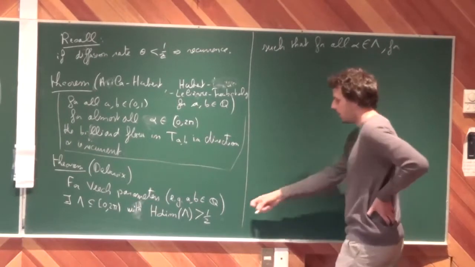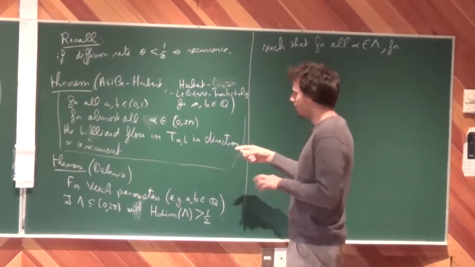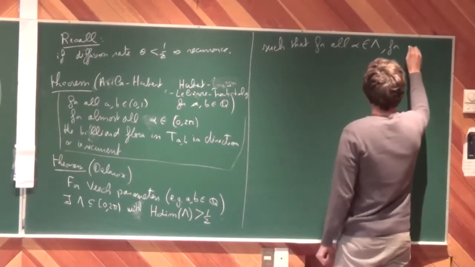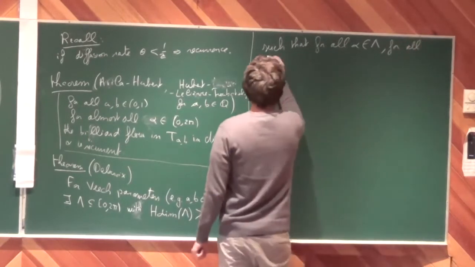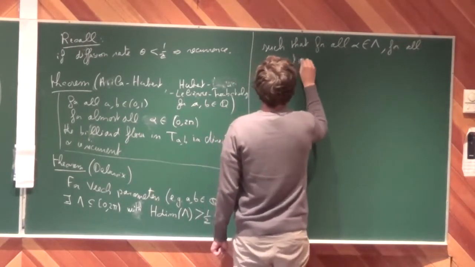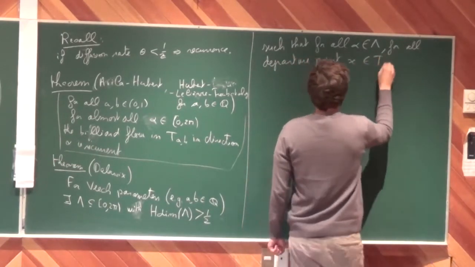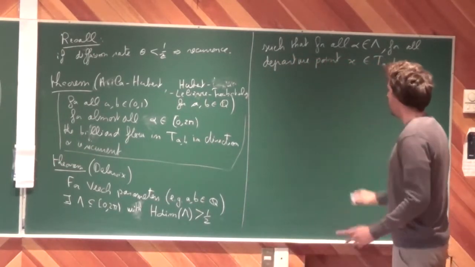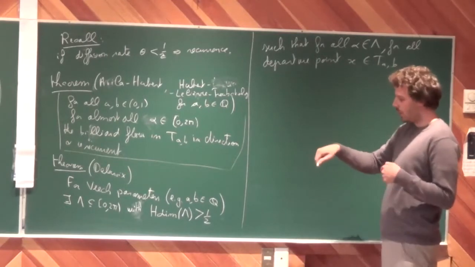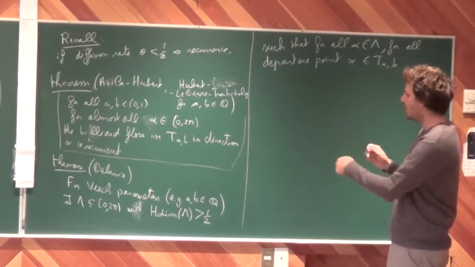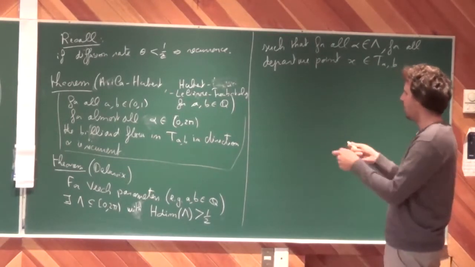So here is a strong counterpart of this, because actually for all departure points X in the billiard table, you should assume that you do not hit a corner, because otherwise the flow is not defined.